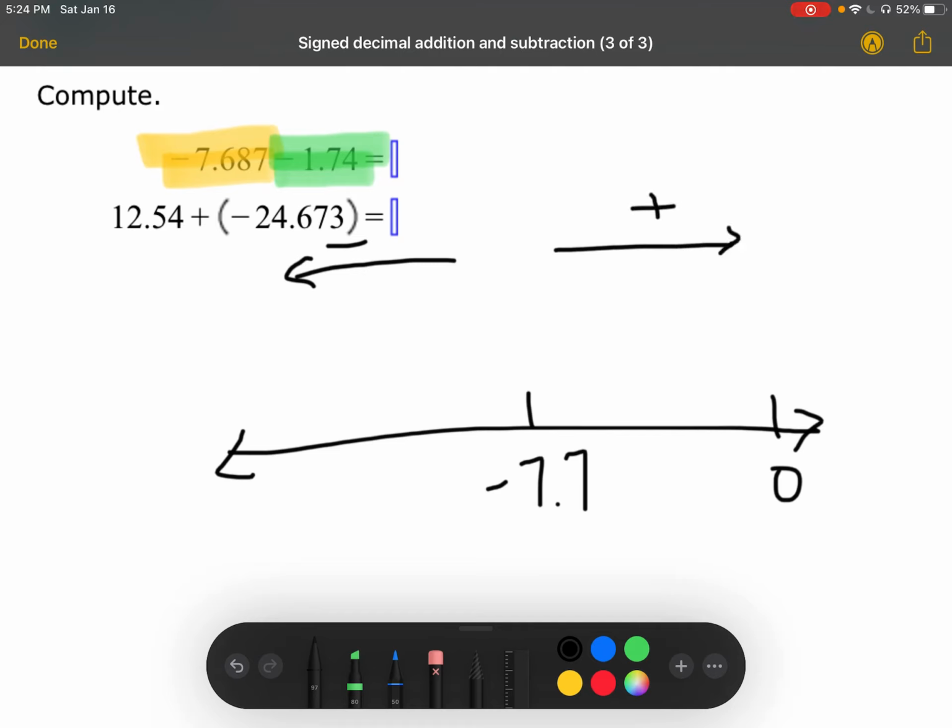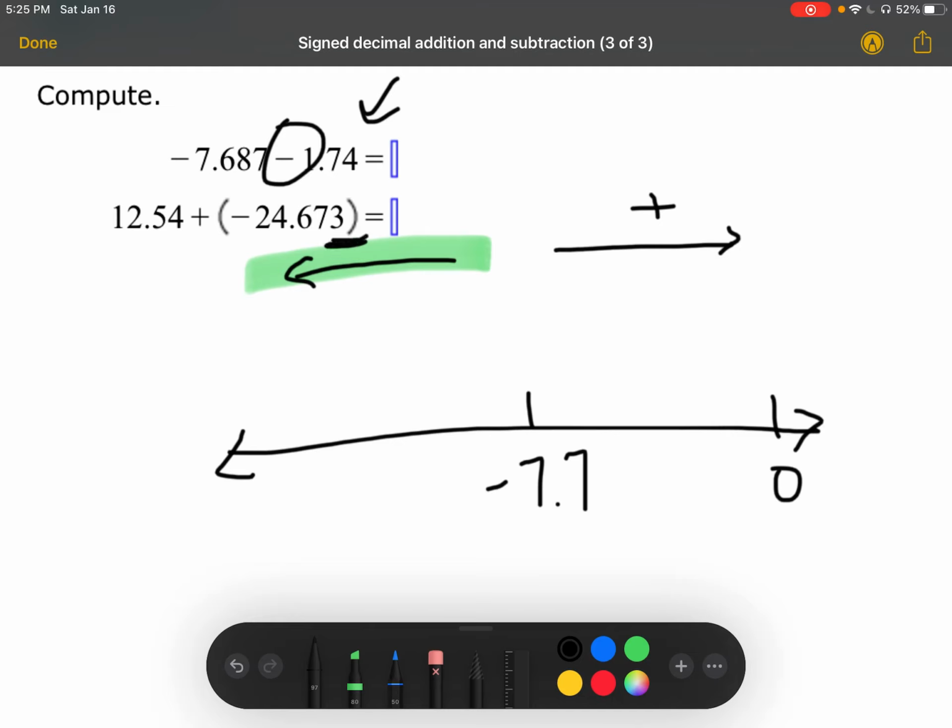So when I have this number, negative 7.687, we are going to take negative 1.74 and go that far to the left because we are subtracting. So we're going to subtract to the left.